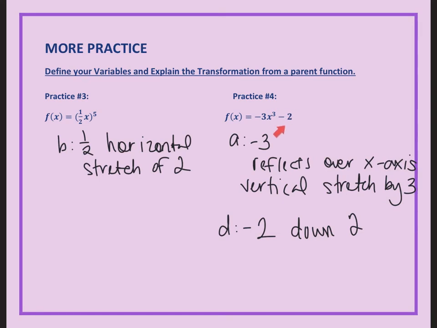C will always be inside your parentheses. And because I had no parentheses, that's where some of the confusion might be. This has to be a D value. So D is -2, and the graph is going down 2. In this case, there was no C. Hopefully this video helped you practice transformations in regards to function notation or dealing with cubics, quartics, or quintics.